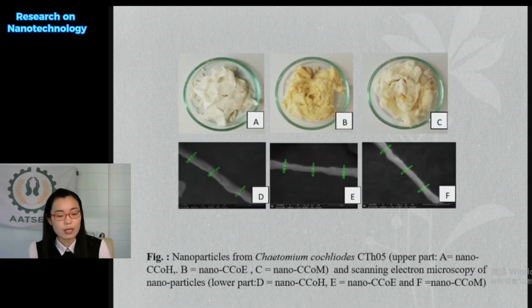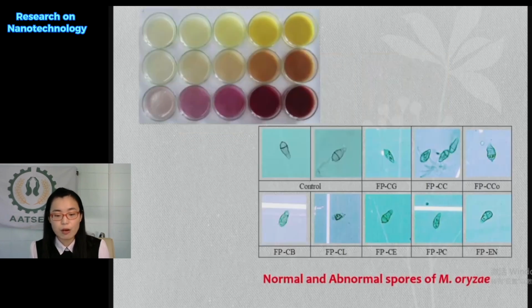And this figure also shows the nanoparticles. After we got the nanoparticles, we did scanning electron microscopy to check the particle size. The average size is around 400 nanometers. Actually, for all the kinds of nanoparticles we have already checked the size.